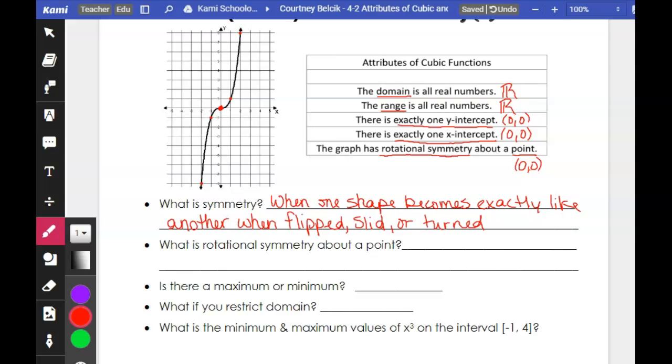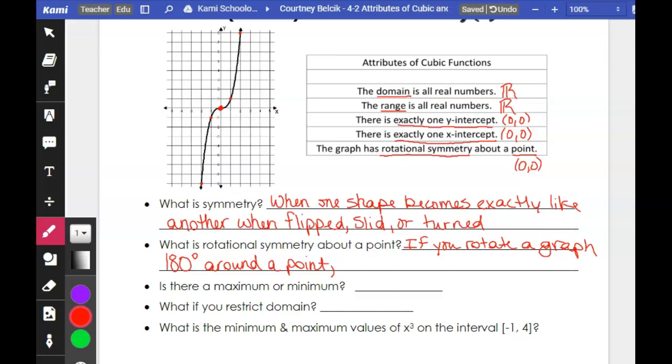So specifically, rotational symmetry about a point means if you rotate a graph 180 degrees, so halfway to a full turn, around a point, the graph should coincide with itself.